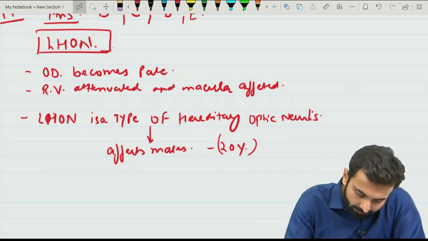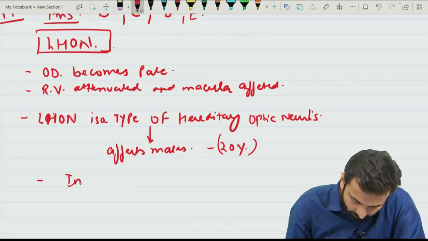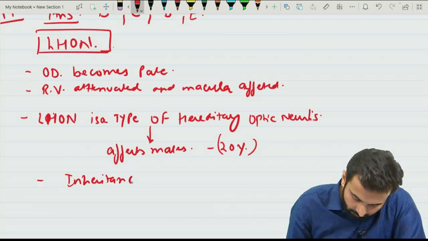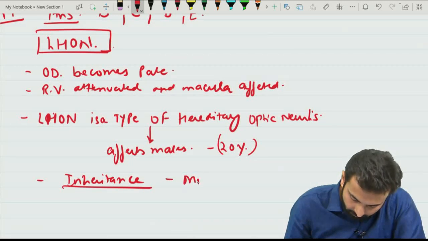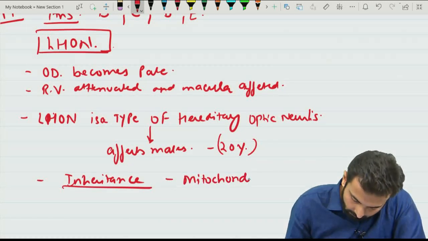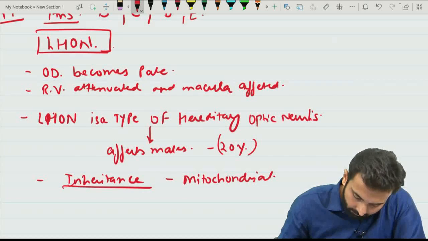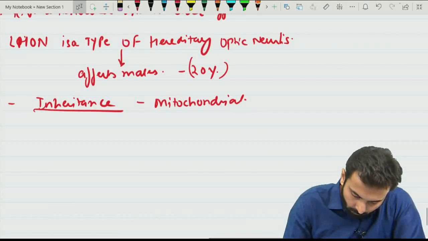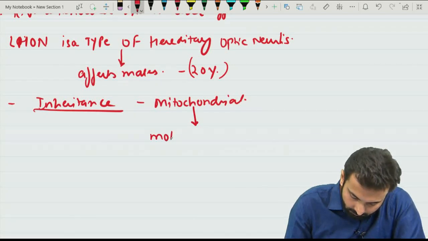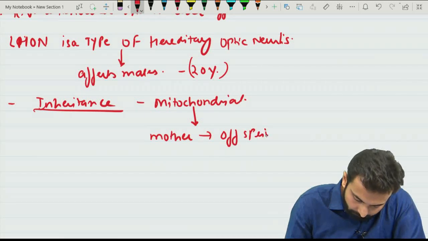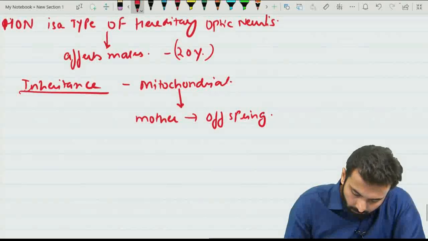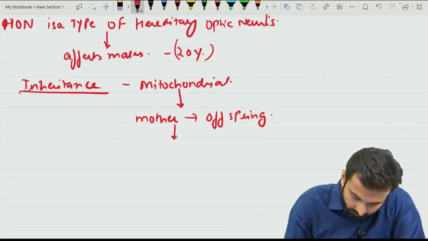Coming to the inheritance of this disease, which is important and you should keep in mind: it is a mitochondrial inherited disease, transmitted from mother to offspring. There is degeneration of retinal ganglion cells.